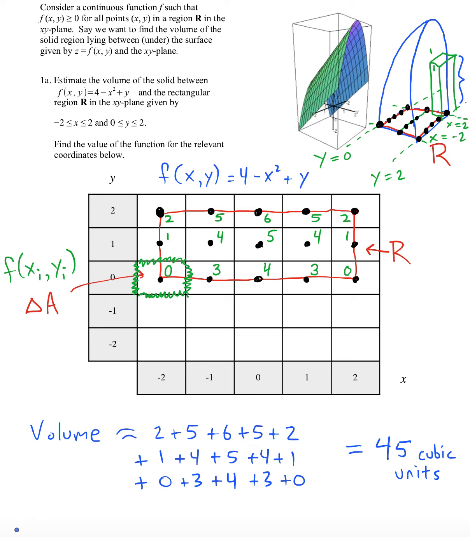So what we've really found here is a sum of f of xi comma yi times delta A. It's a volume. And in our particular problem, we have 15 different boxes. So we're going to go from i equals 1 to 15. And it's 45.